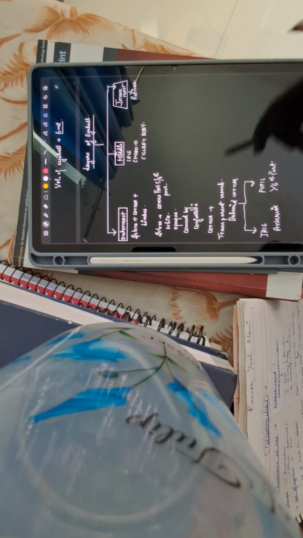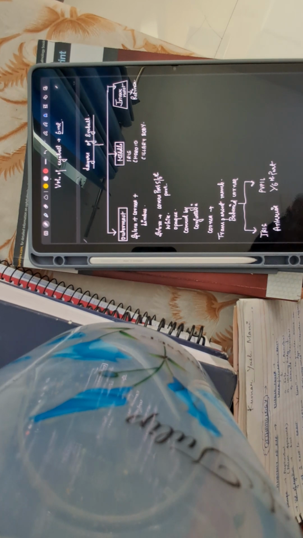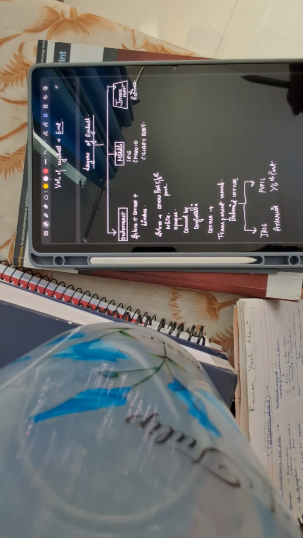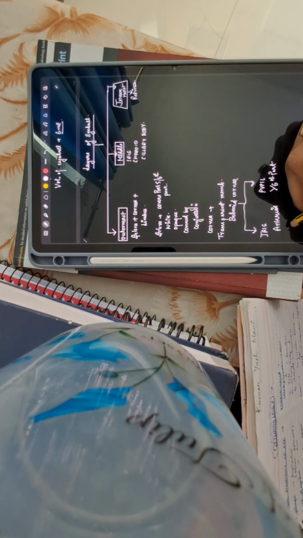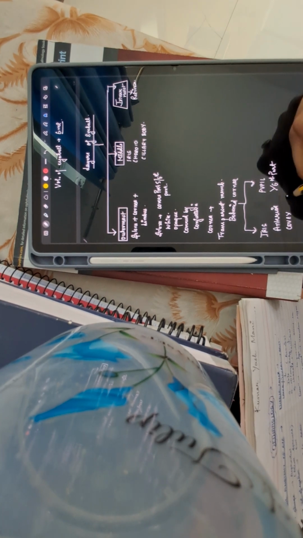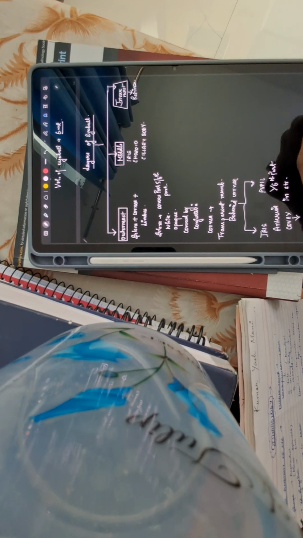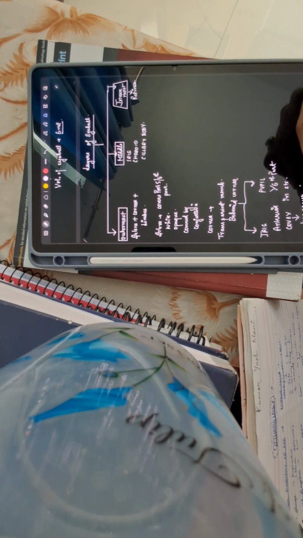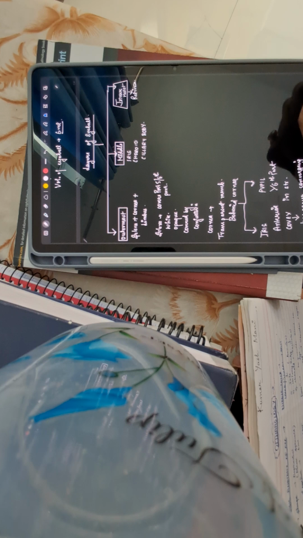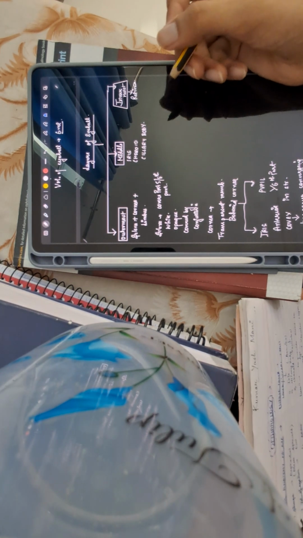Then, the things you should know are that the cornea is convex in structure, and that's why it has power. It's converging in nature. We'll get back into details when we talk about it in detail.